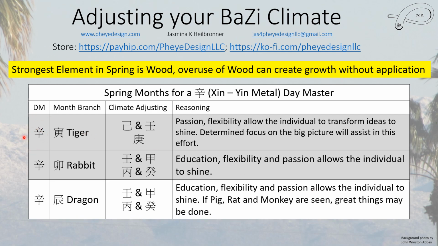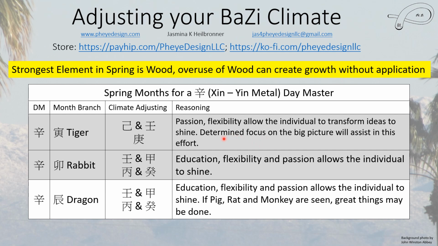So back to here, what does this mean? If you're a sin metal daymaster born in the month of the tiger, you need passion and flexibility. So that allows you to transform ideas, to come up with something new that allows you to become famous. Basically, you shine. People realize that you have a really good idea, and that is what you need.